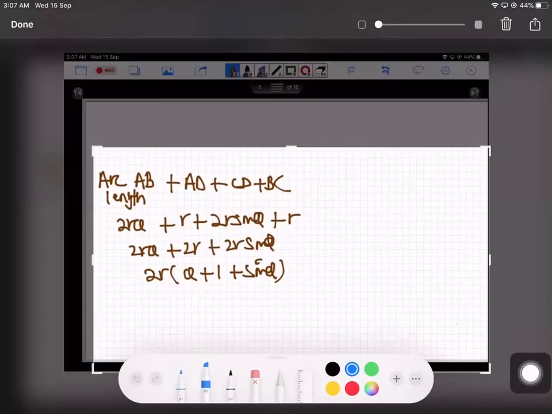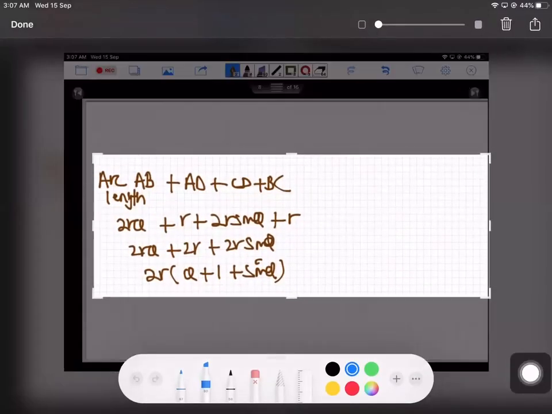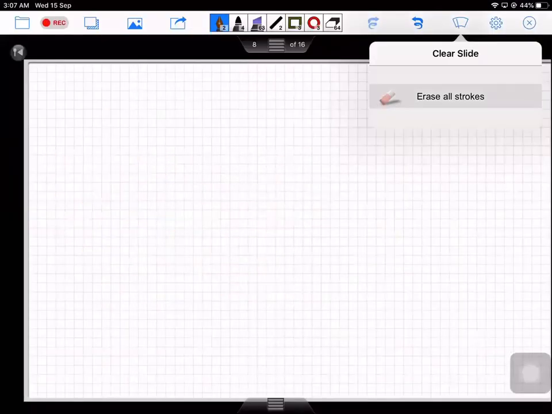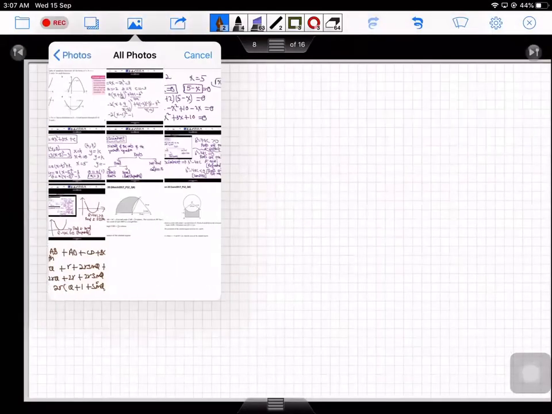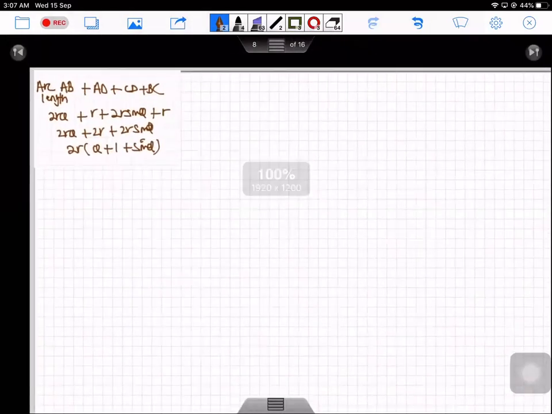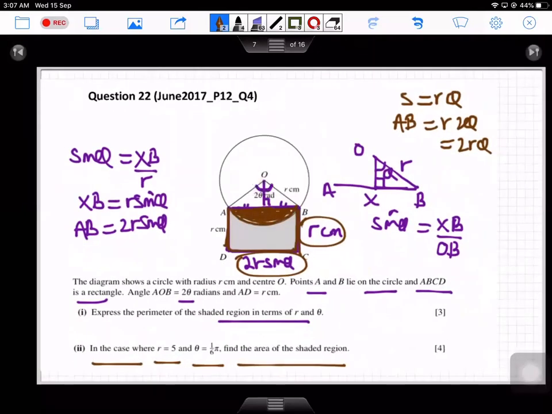We don't actually need this working in the further calculation, because this is related to the perimeter, but still I'm pasting it at the top. Now we are solving part 2. First of all, we have the area of rectangle ABCD, so length into breadth.